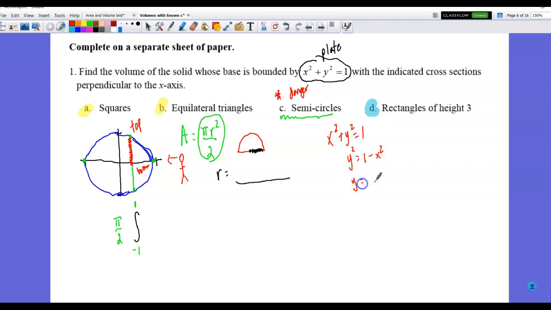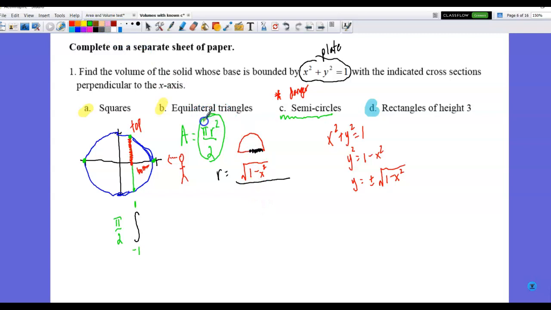So y is equal to, technically, plus or minus the square root of 1 minus x squared. But as you can see, we are only touching the positive side of the circle. So the length of our radius is the square root of 1 minus x squared, technically minus 0, top minus bottom.